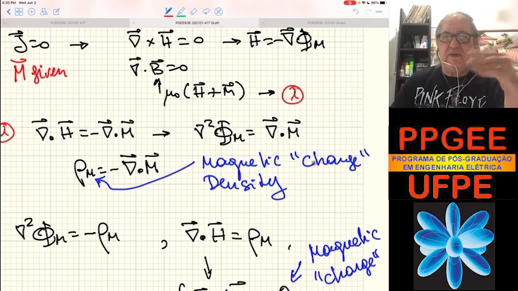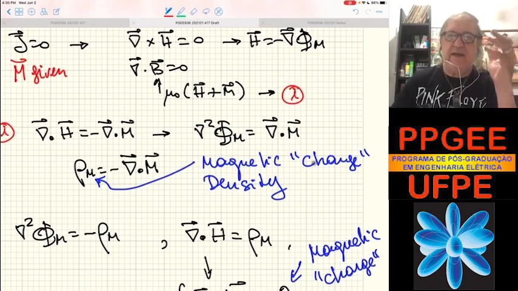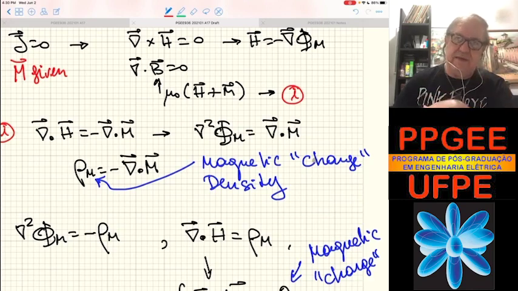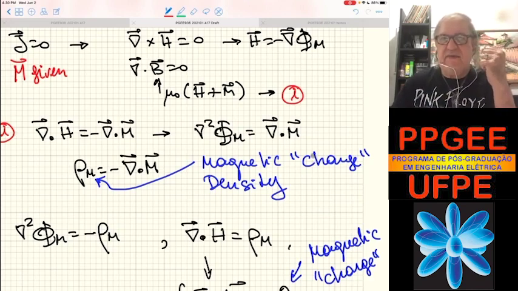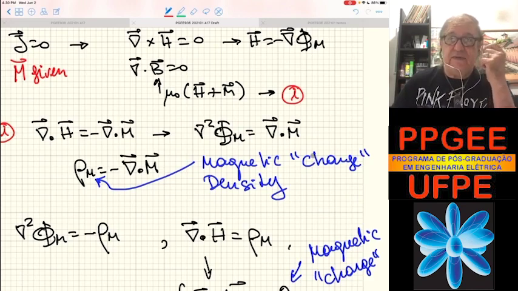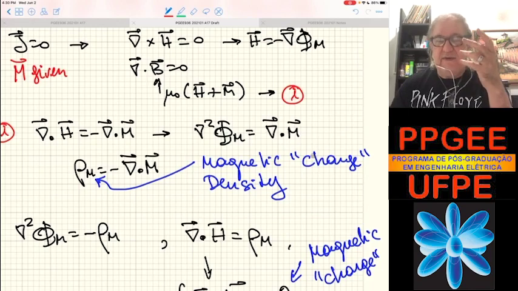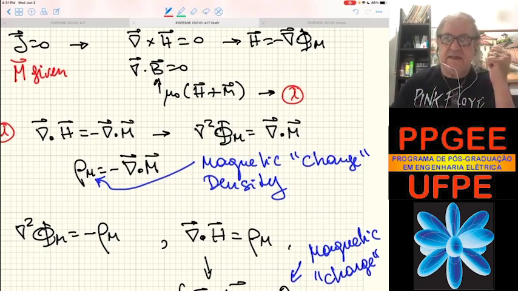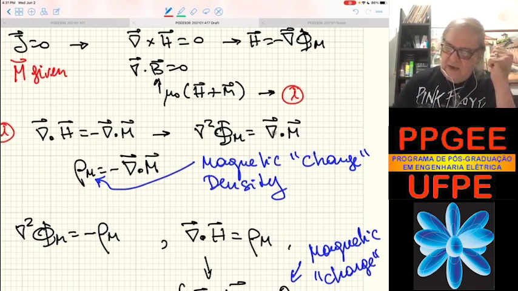Because all the methods we employ to solve Poisson's equation for electric charge density can be employed here. The H field is going to have the same behavior as the E field. The scalar potential for this fictitious magnetic charge density is going to have the same behavior.